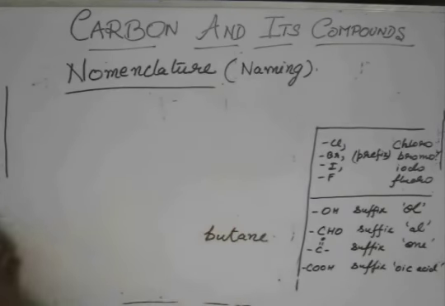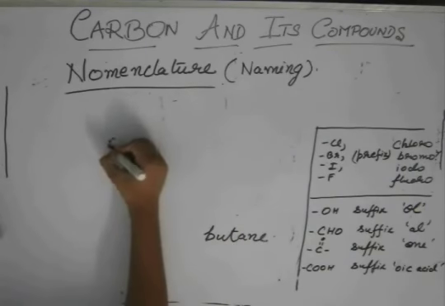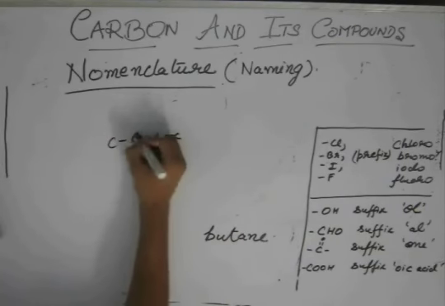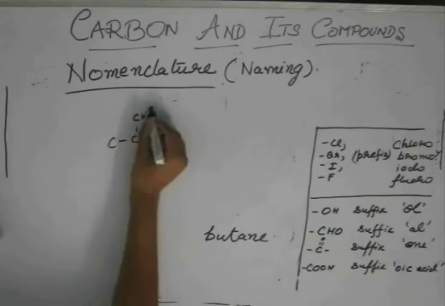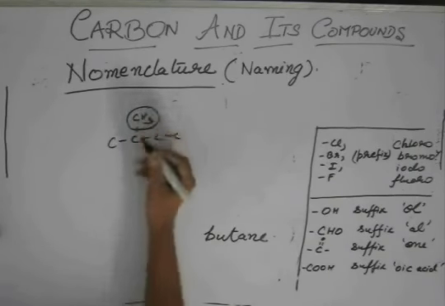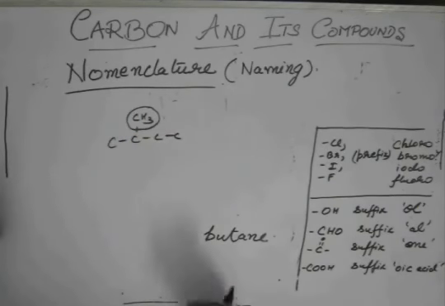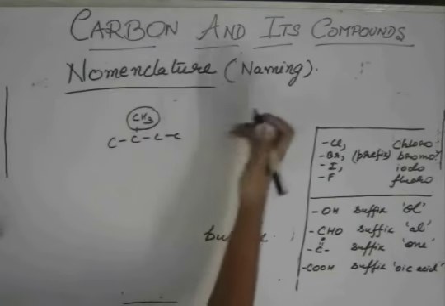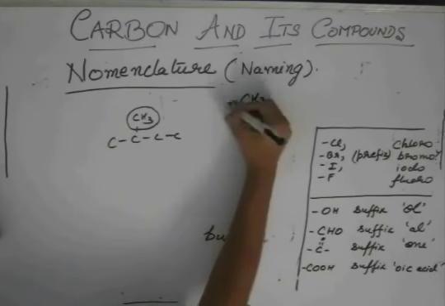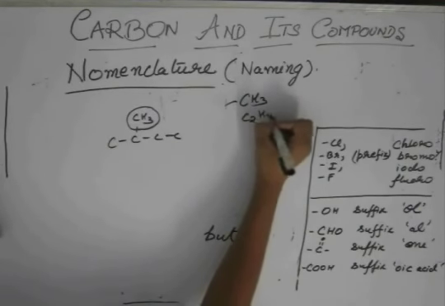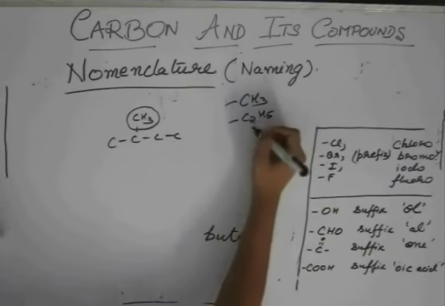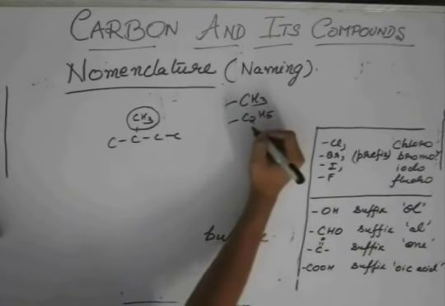This is the branching, and this is CH3. Now, these kinds of groups, as I was saying, this CH3, C2H5, are also kinds of functional groups.